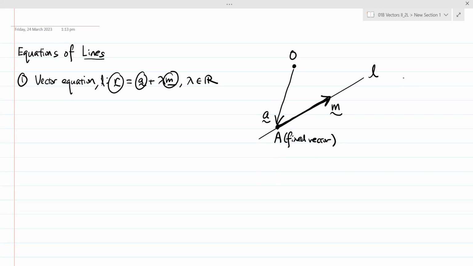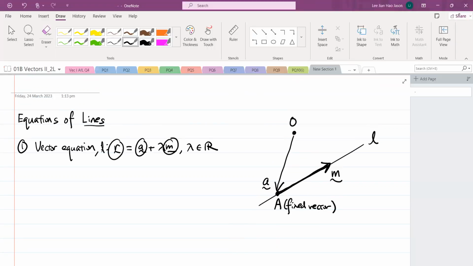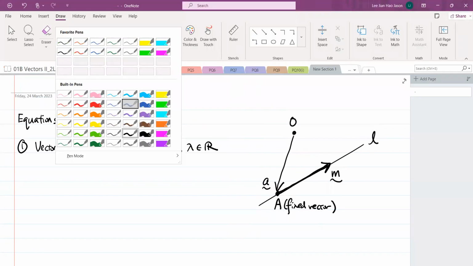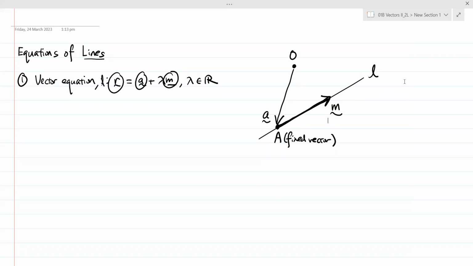Then what is r? Any point that is on the line, right? For example, what is a plus 0m? It is a, right? So a is one such point. What is a plus 1 times m?